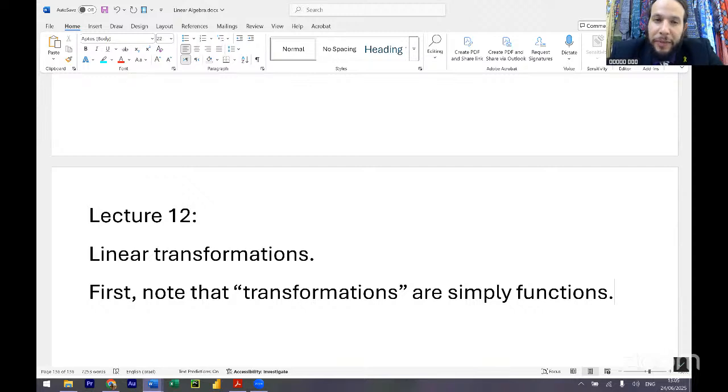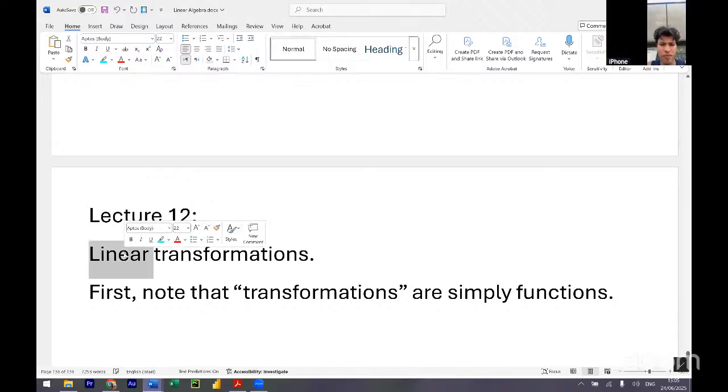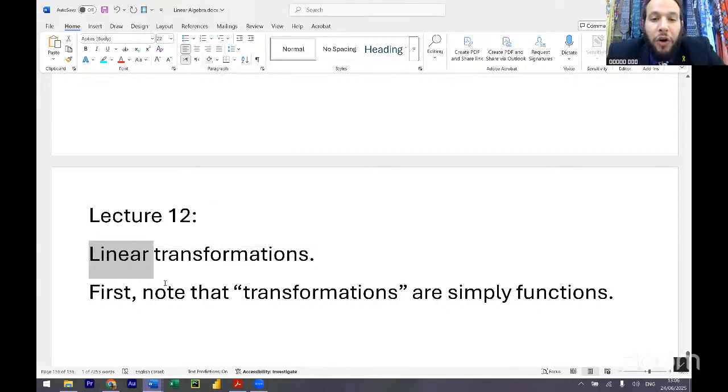So the name is a bit misleading, and sometimes students forget at first that we are speaking about functions, but not all functions. A special set of functions, which we call linear functions.